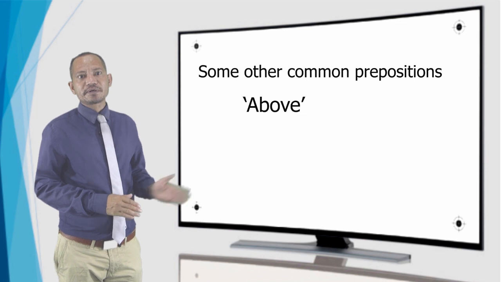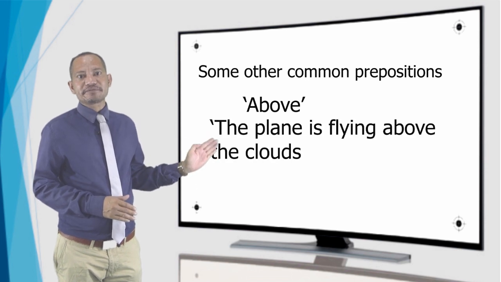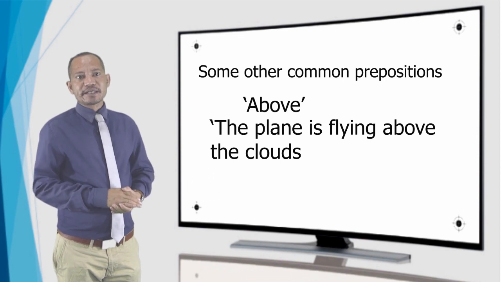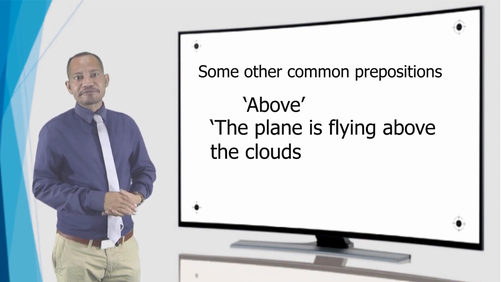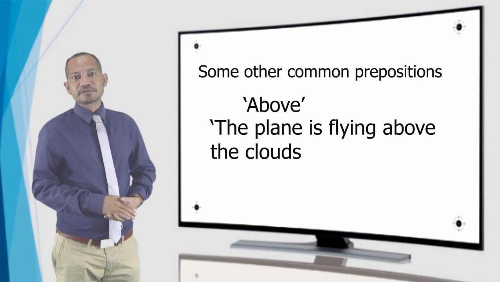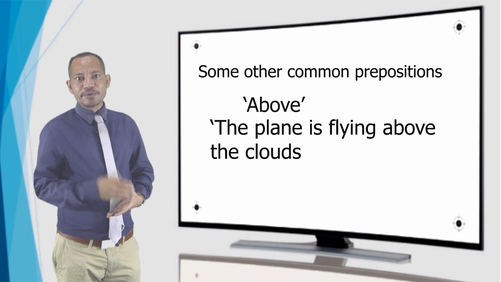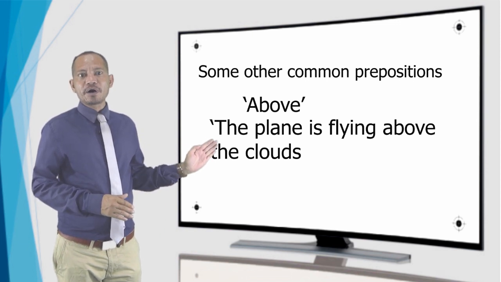For example, the plane is flying above the clouds. This means that the location of the aircraft is above the clouds, or while the plane is flying, the clouds are below the plane. Another example with above, the blue ball is above the box, etc.